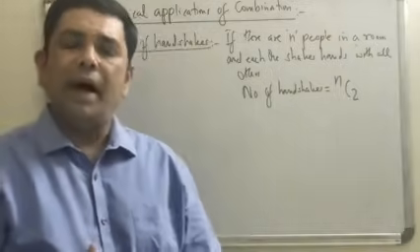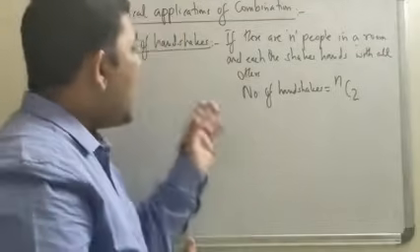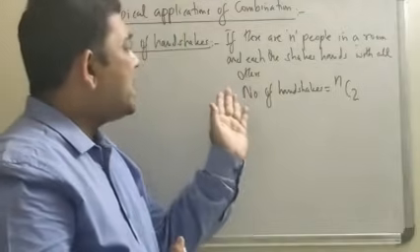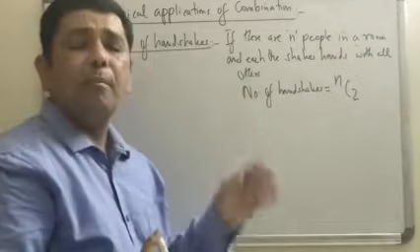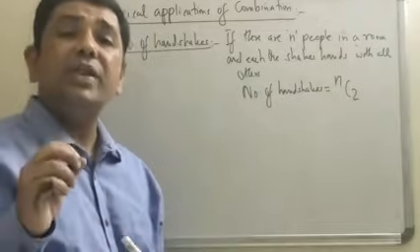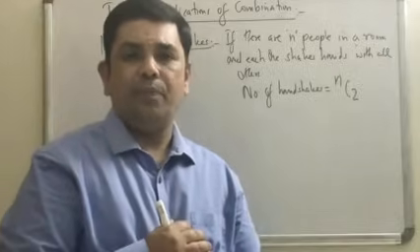I repeat, if there are n people in a room and each one shakes hands with all others, then the number of handshakes is always equal to NC2.